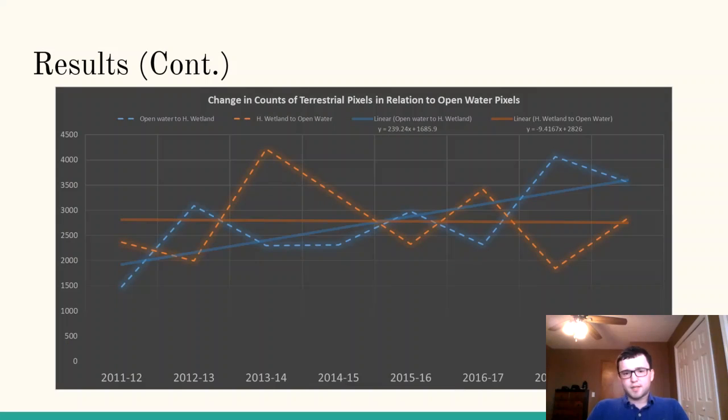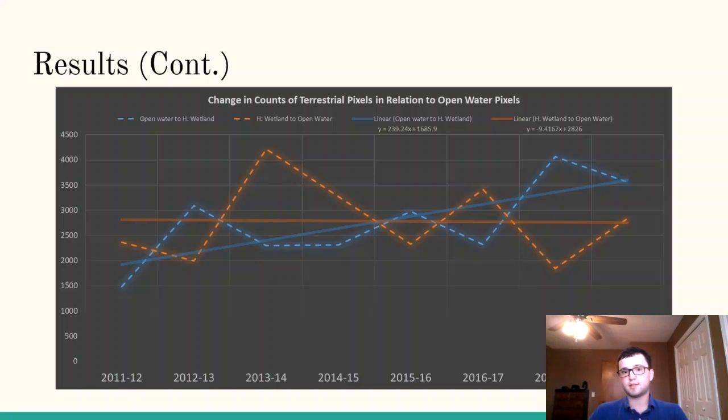So to further examine this, I really wanted to look at some of the counts and how the counts of pixels were changing. So we can see that the change in open water to herbaceous wetland over the time from 2011 to 2019 has really increased. So it could be taken from this graph that we may be drying.